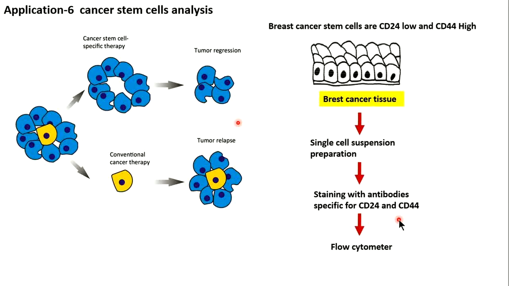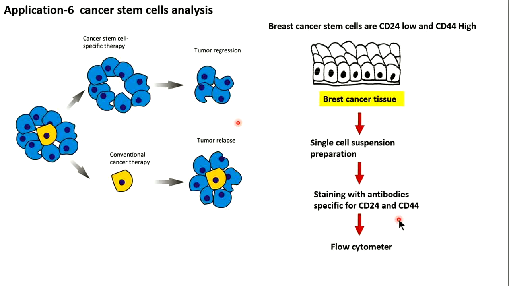So if I explain a tumor, people say that cancer is uncontrolled growth of cells, uncontrolled cell division of cells. So you generate a tumor and the tumor is a heterogeneous mass of cells.